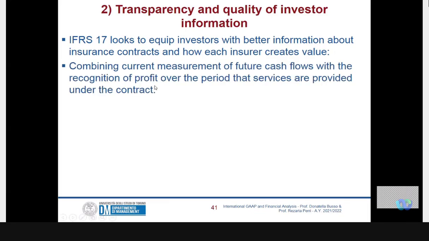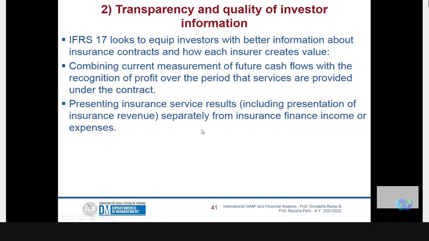Combining current measurement of future cash flows with recognition of profit over the period, this is what really provides the new standard, IFRS 17. Also, presenting insurance service results separately from insurance finance income or expenses.